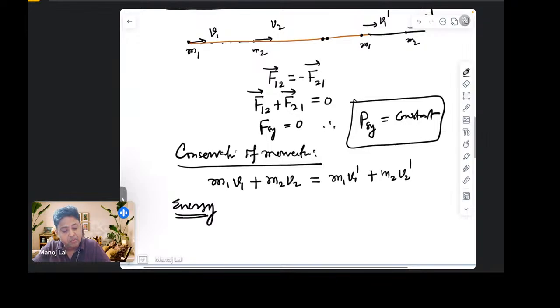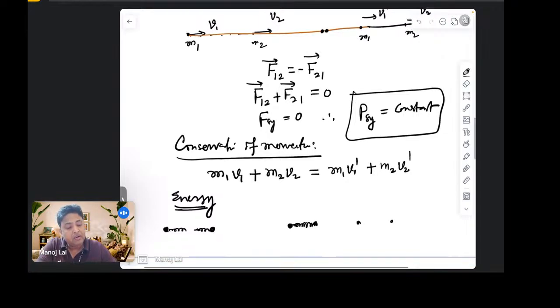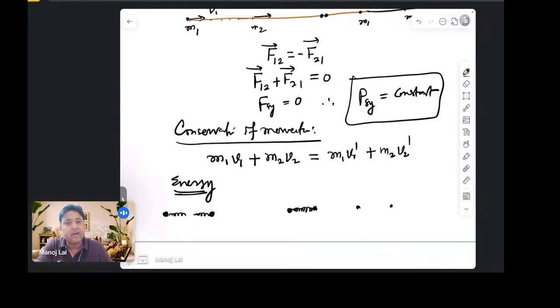See, this is a particle 1 and think there is a spring, and this is a particle 2 and think there is a spring. So when they collide, it could collide something like that, and again they depart. So during collision, this kinetic energy is converted into elastic potential energy, and when it is departed, this spring potential energy again converted into what?